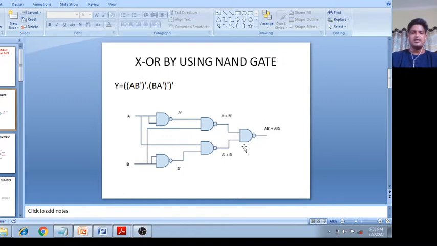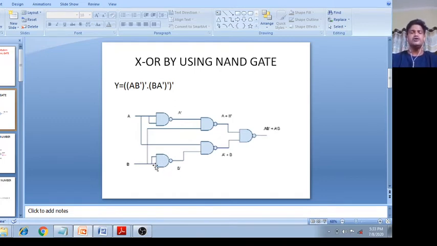And in this method, what is the main problem? How are the number of gates increasing? Just remember, one gate is increasing just because of A dash and one for B dash.